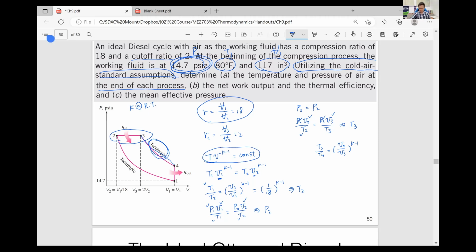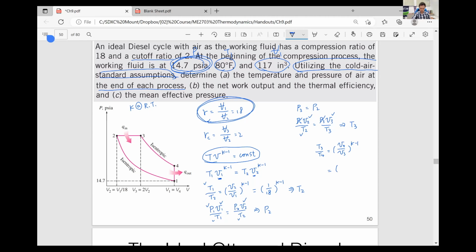Now this is a little bit different, because we don't know the ratio of V4 over V3. However, we do know V1 over V2 is 18 and V3 over V2 is 2.